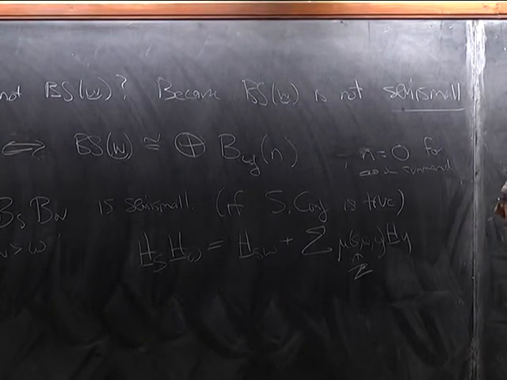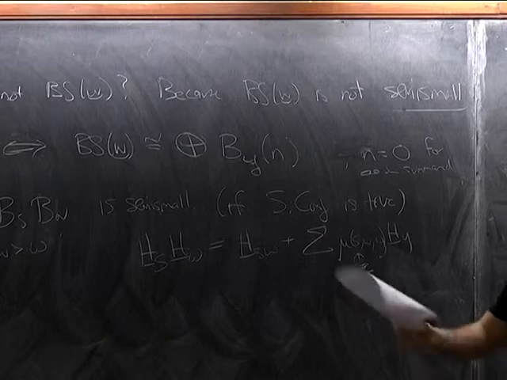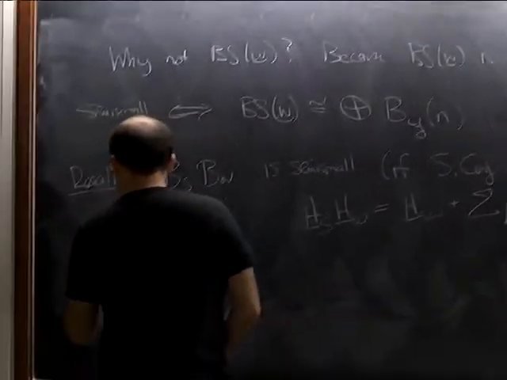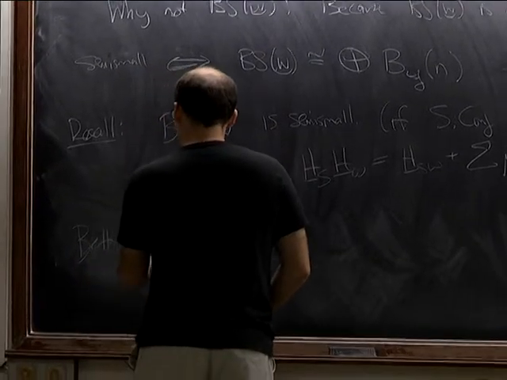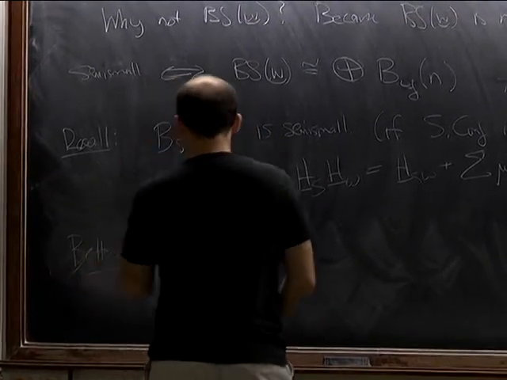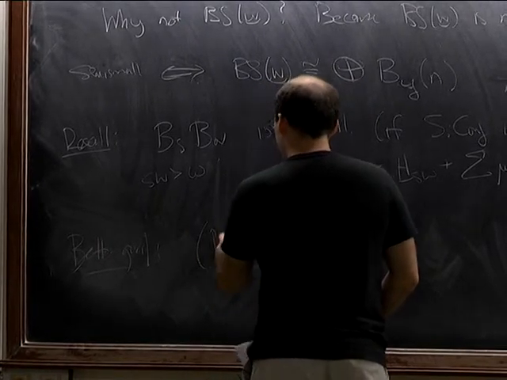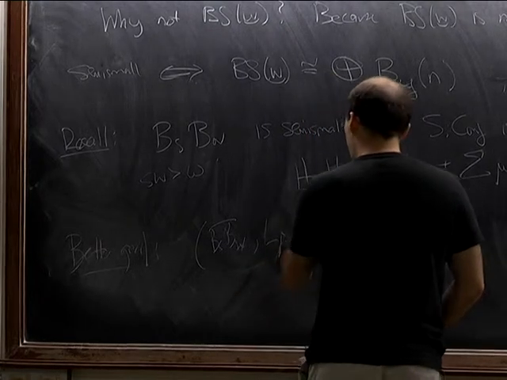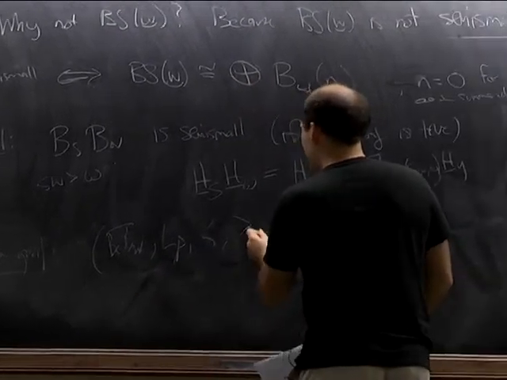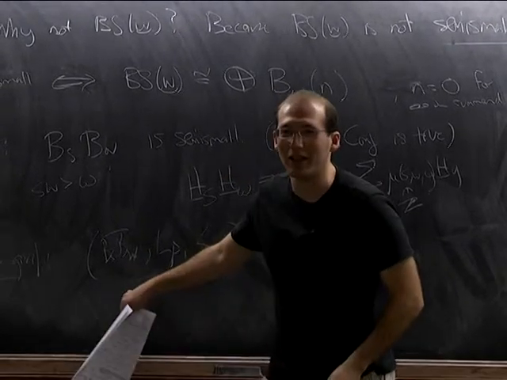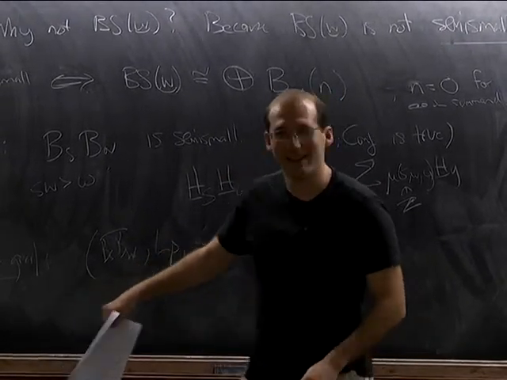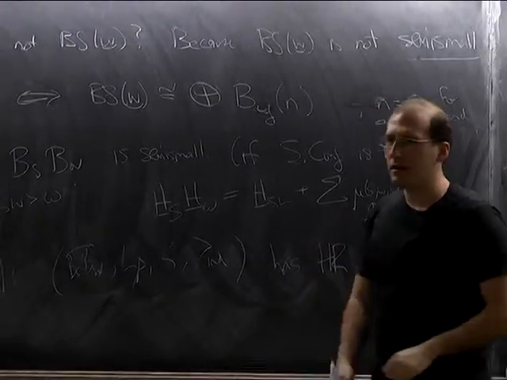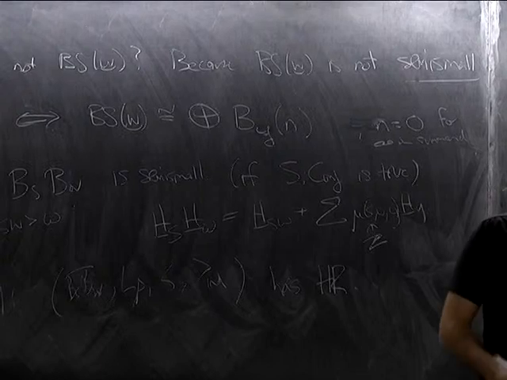And so in fact, what we're going to show is that BSBW has HR. So the better goal is that BSBW, with the induced form, which shows up inside the reduced expression of W with an S before it, has HR. This is going to give you a rough idea.